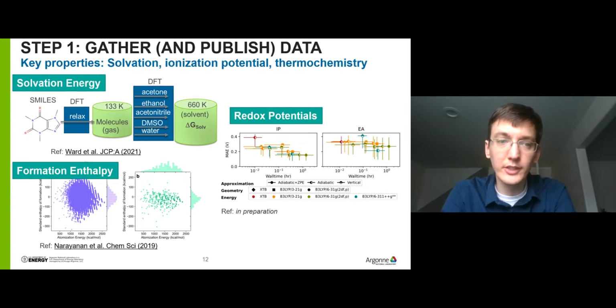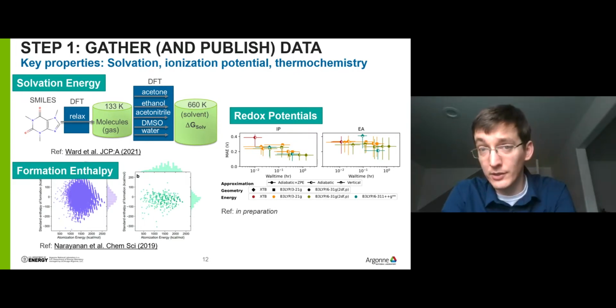And here, besides just calculating them at one level of accuracy, we've created a database where we have the same quantities, ionization potential and electron affinity, calculated at different levels of accuracy, where here I'm showing them compared to G4MP2, that very high level calculation. And we can do it with different approximations for the energy, whether I include the zero-point energy with vibrational contributions, or whether I just calculate the vertical, which is the energy at the same geometry of the neutral.